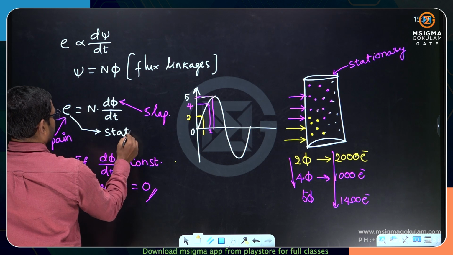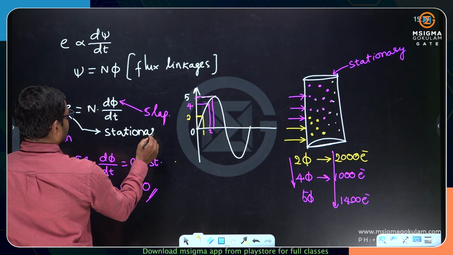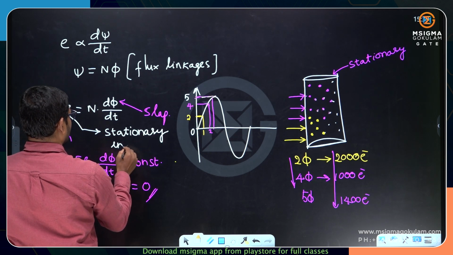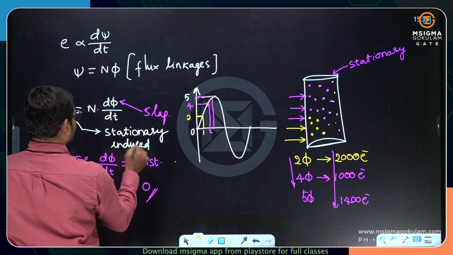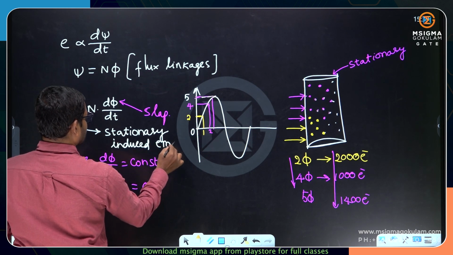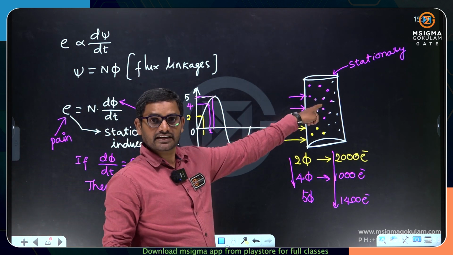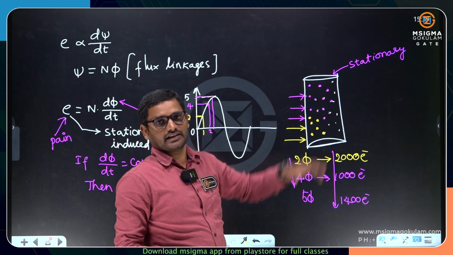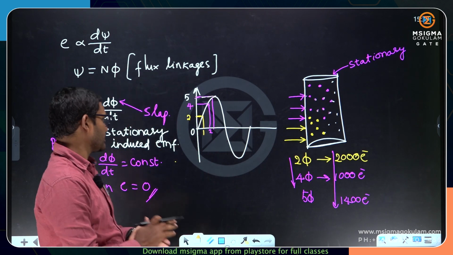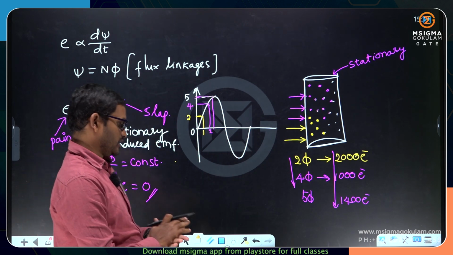The force is created on the electrons which exist in the stationary conductor. That's why we call it stationary induced EMF.